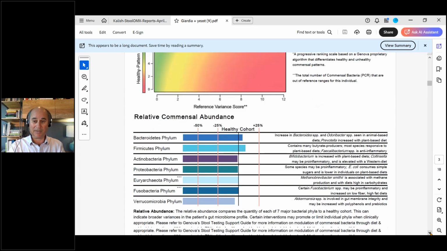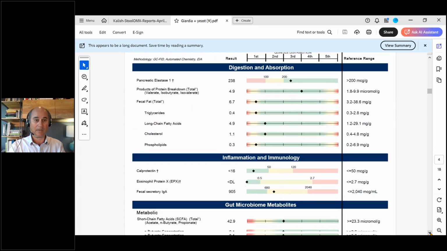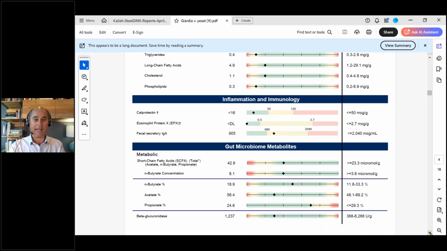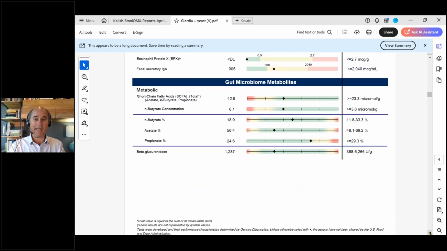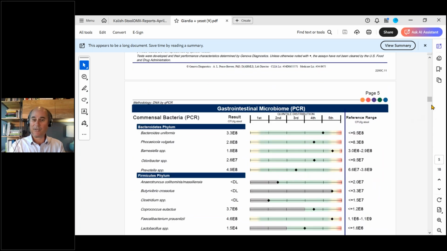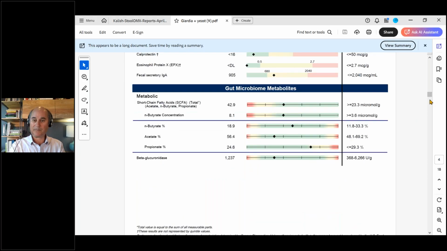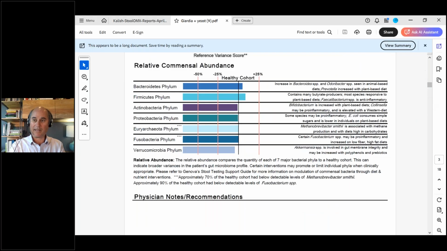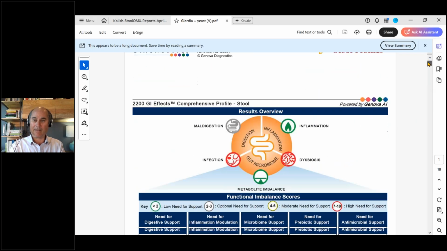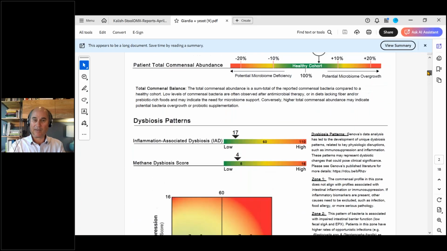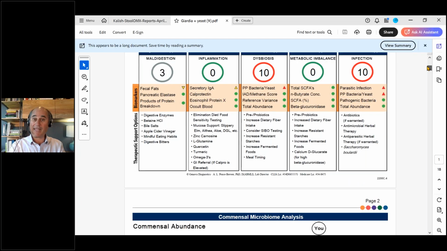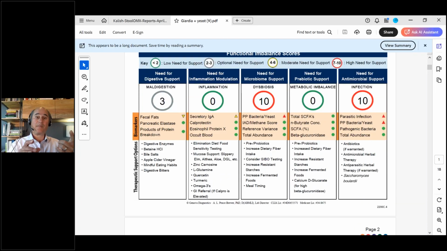Even without scanning all the details here, I can just show you on the summary page. The microbiome was okay in this case, but there's a lot of dysbiosis, yeast overgrowth, etc. So we know there's a problem.